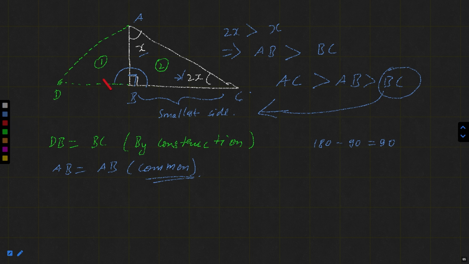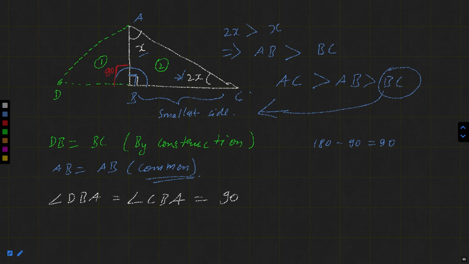This means angle DBA is also 90 degrees, so these two angles are equal. I can say that angle DBA is equal to angle CBA, which is equal to 90 degrees.